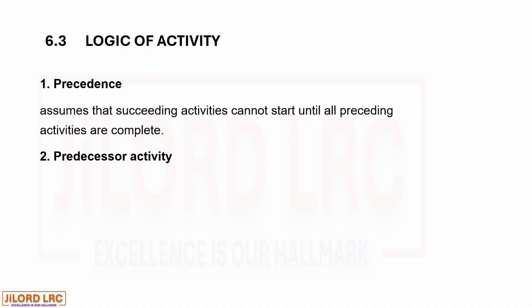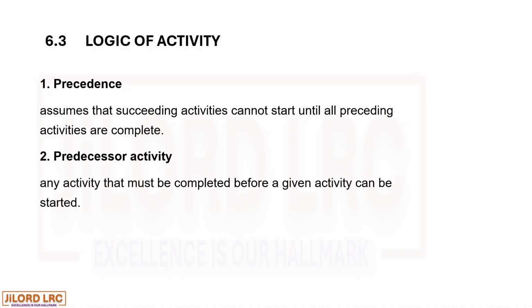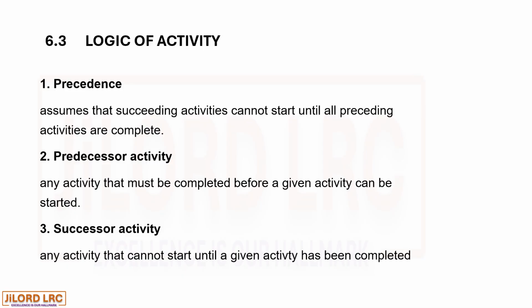Predecessor activity. It is any activity that must be completed before a given activity can be started. 3. Successor activity. This is any activity that cannot start until a given activity has been completed.